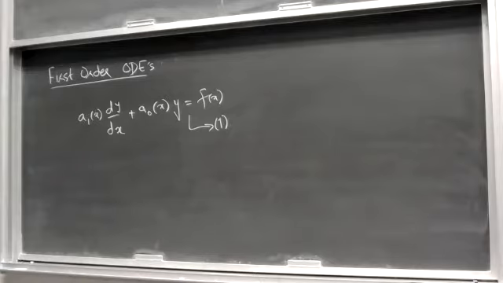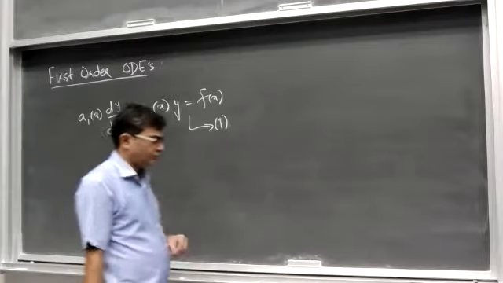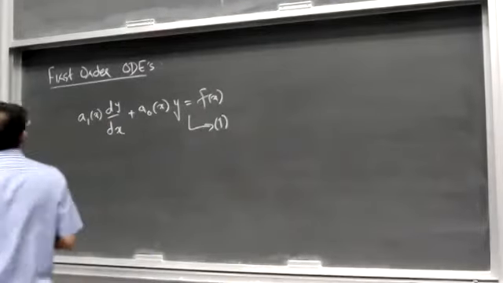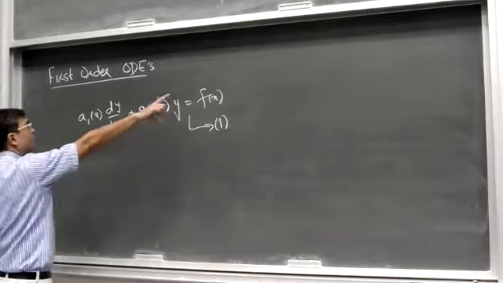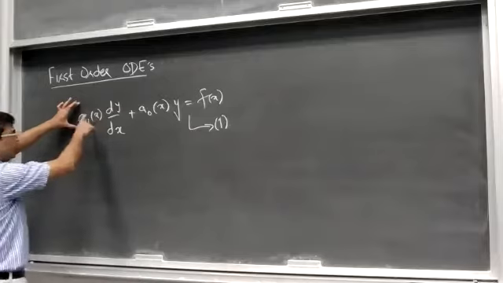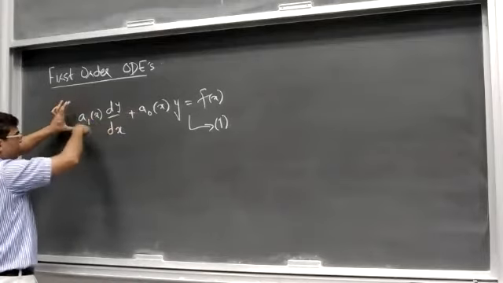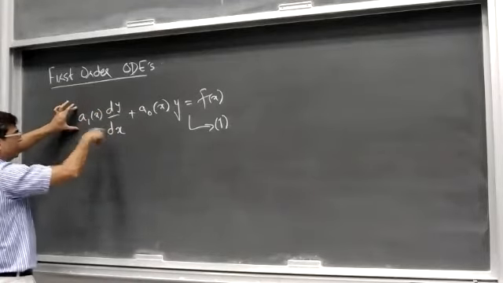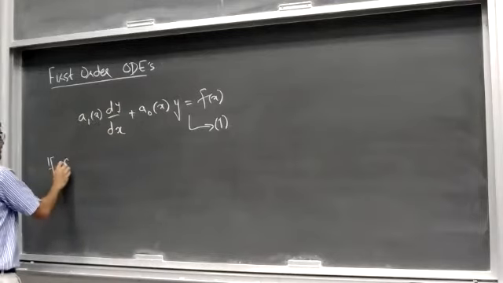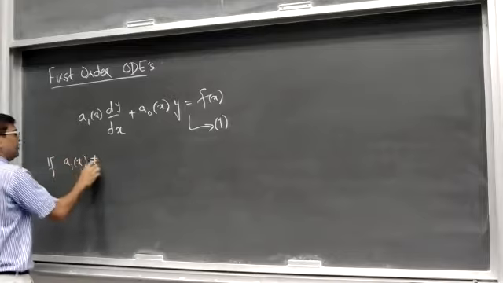Now, this differential equation has different forms, in fact. This is the more general form of the first order differential equation. We can divide this differential equation with this coefficient of dy/dx, provided that a_1(x) is not zero.